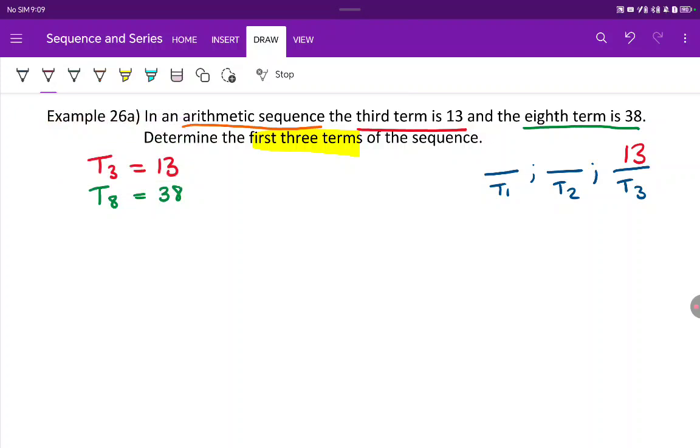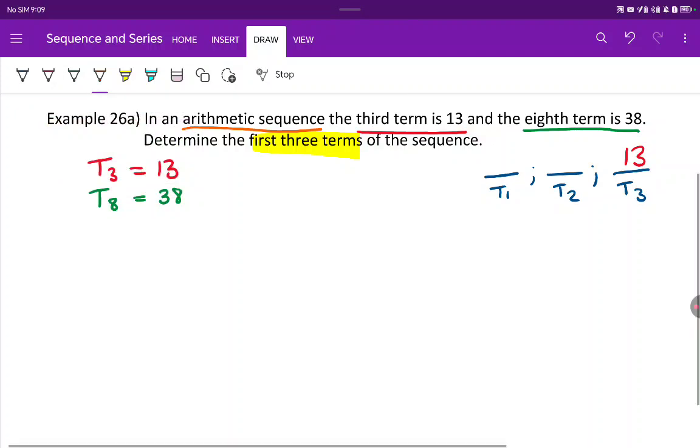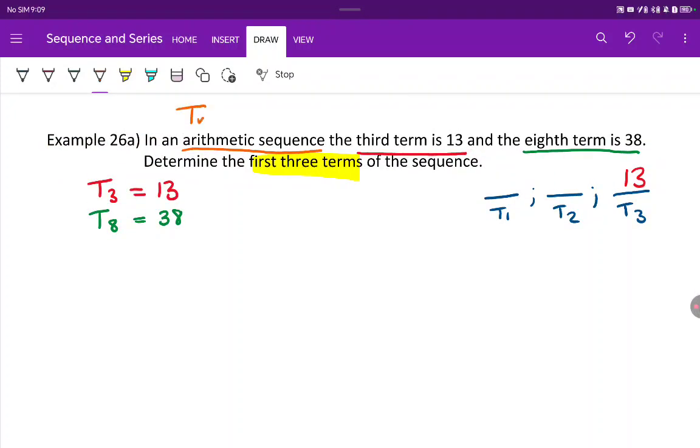Do you remember the Tn formula for an arithmetic sequence? According to the arithmetic sequence, term n is equal to a plus bracket n minus 1 times d.